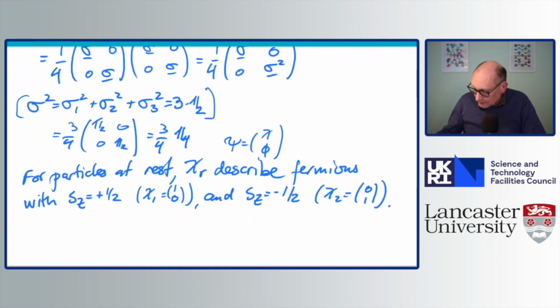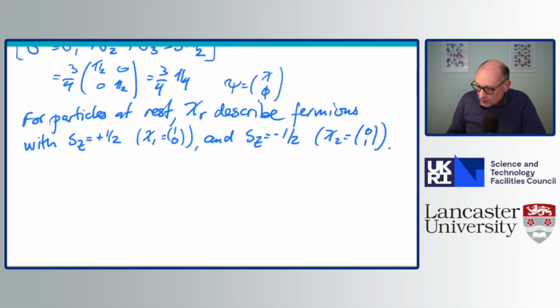This is all in the Dirac representation of the spinors. One can find other representations based on other representations of the gamma matrices.